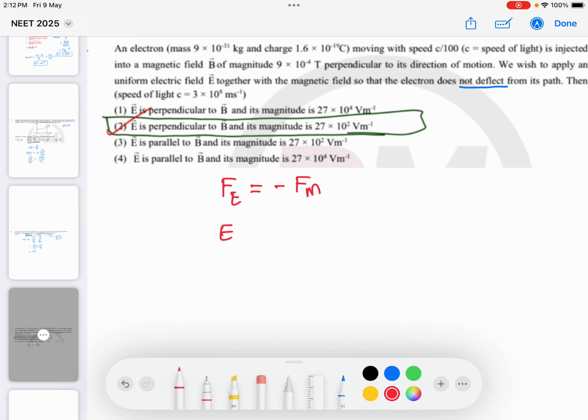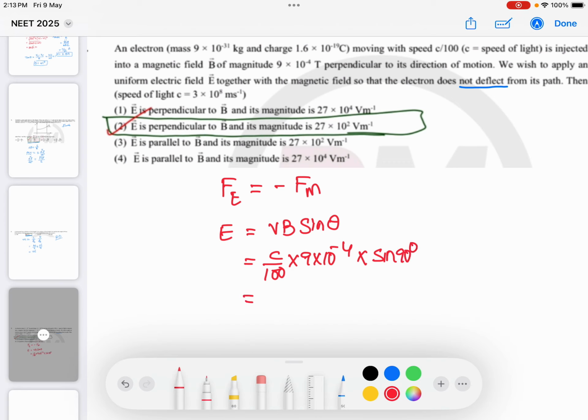According to electric field, you can write it as VB sin theta. According to the option given, data is given: C by 100, B value 9 into 10 power minus 4, perpendicular to the field, nothing but sin 90 degrees.